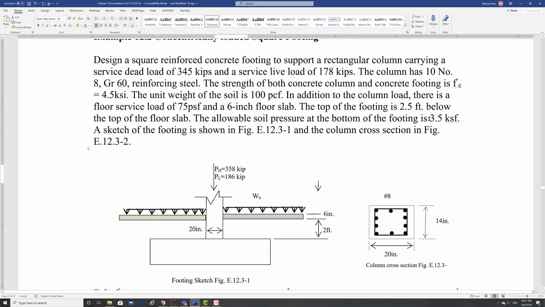There are the pressures that I gave you too, all right, for your project. In this case, I'm saying that the top of the footing is going to be 2.5 feet below the floor slab. You can make the same assumption if you want in your project. Now here, though, you're going to put the loads that you found for the first floor.